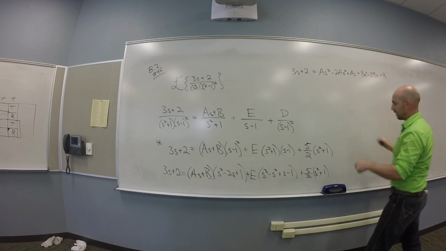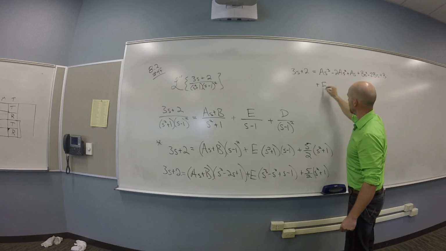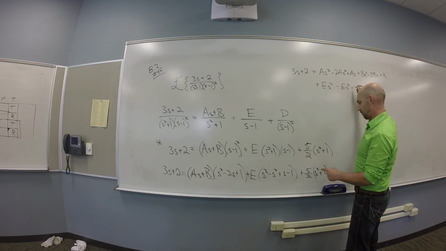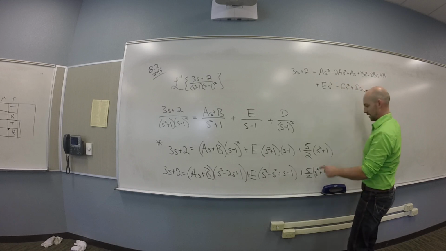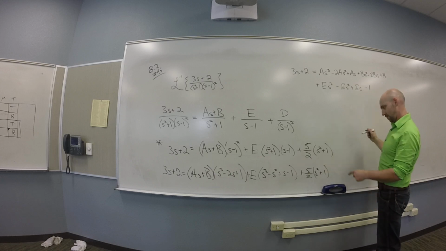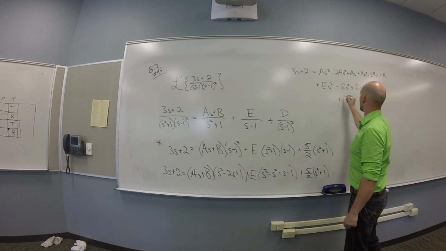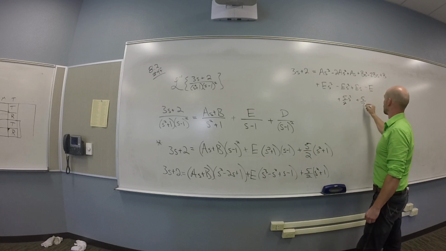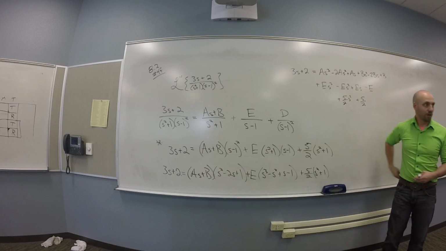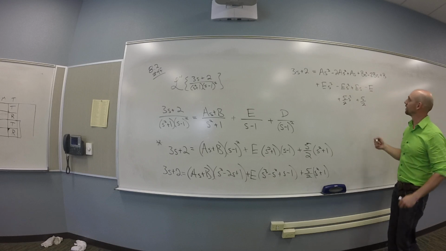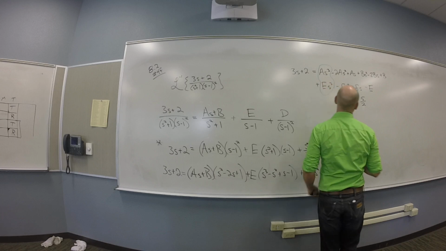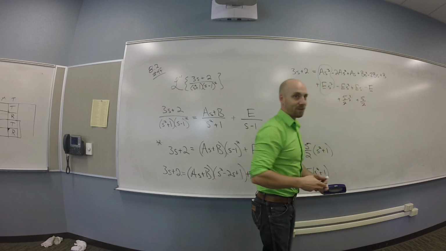And then I got a plus es cubed minus es squared plus es minus 1 minus e, thank you. And then I got a plus 5 halves s squared plus 5 halves. Again, I wrote this in this kind of dorky way because I'm hoping that I lined up most of the exponents. I didn't quite get there, but I tried.